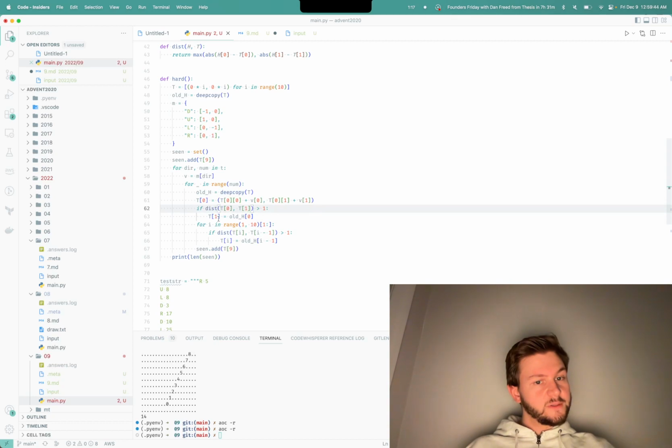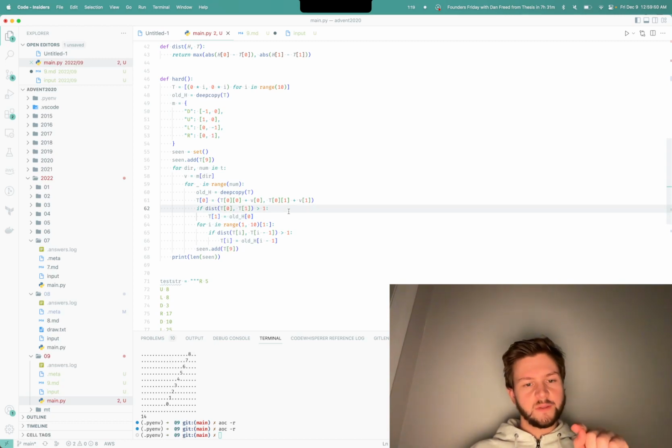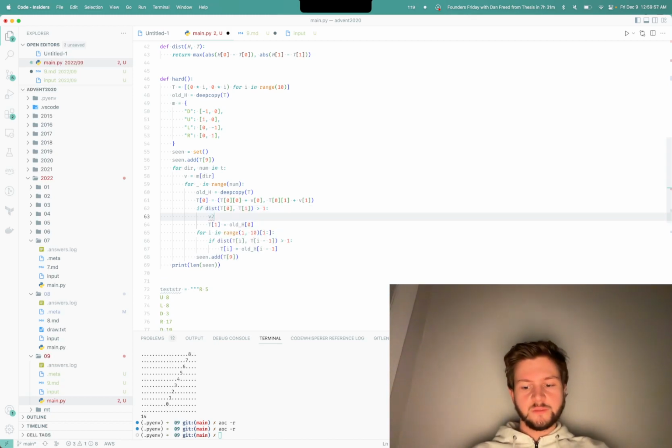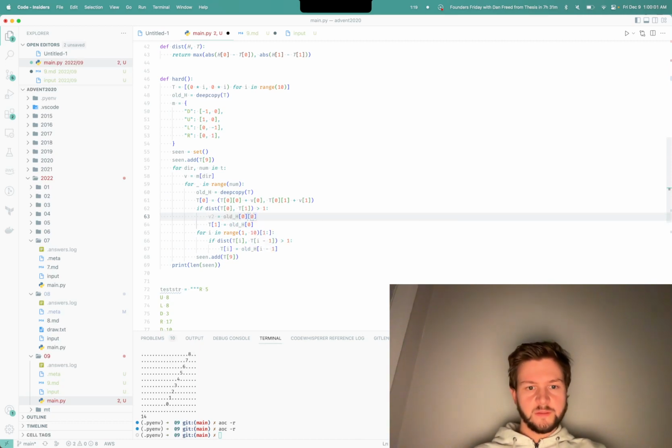And before we do this, we calculate the vector of these two, so we figure out how it moves. So if it is now a 2, and it was previously a 1, we do v2 equals old age 0 minus t1 0. This in a vector where the second one gets substituted.